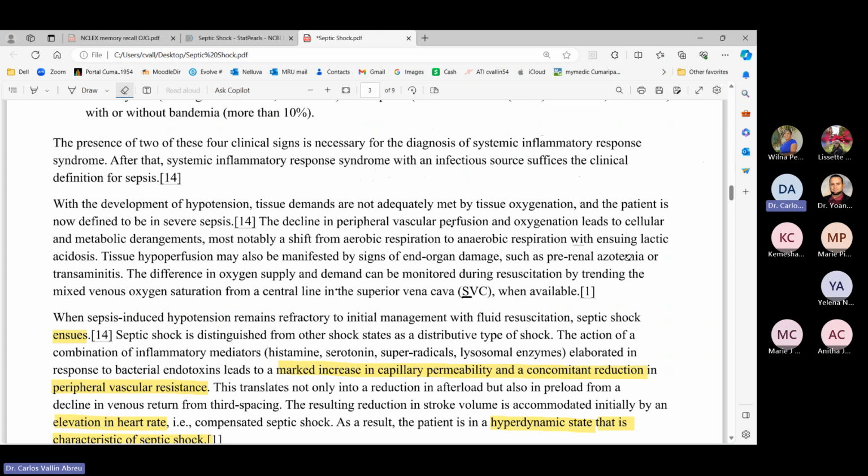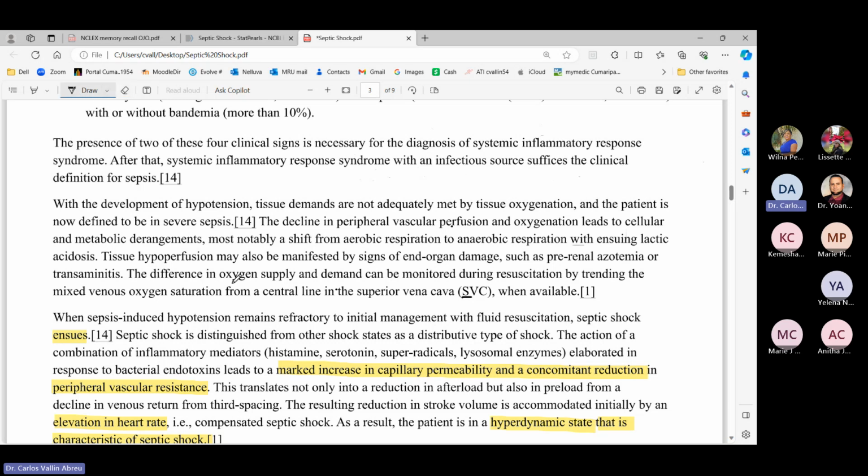Azotemia is when you have elevation of the BUN and the creatinine, or transaminitis, when the liver starts malfunctioning and there is a significant elevation of the transaminases. Transaminases are the AST and the ALT, the liver function tests, which elevate a lot when there is damage to the cells of the liver.